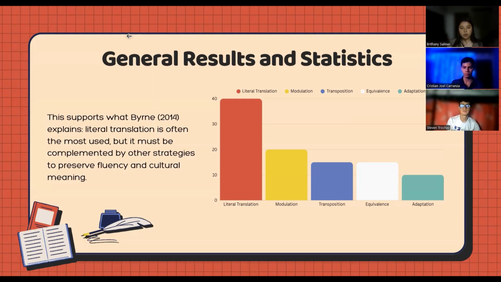This supports what Byrne explains. Literal translation is often the most used, but it must be complemented by other strategies to preserve fluency and cultural meaning. In this particular translation, the translator clearly followed the publisher's intentions to prioritize readability and narrative flow, which explains the use of oblique strategies like modulation and adaptation.